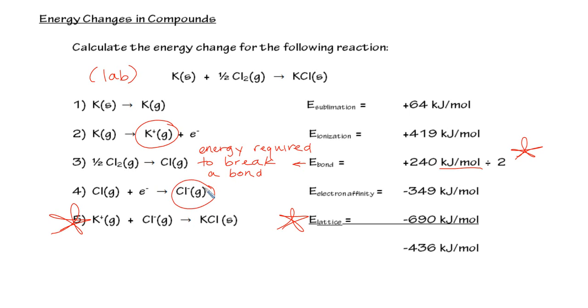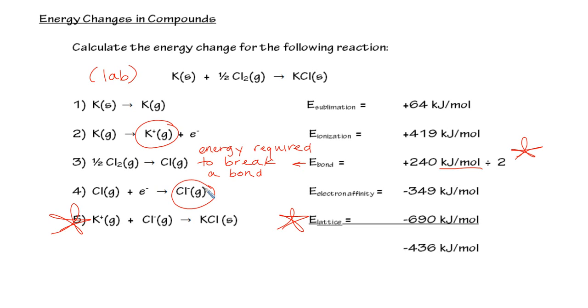In order to form this potassium chloride solid, we have to prepare the potassium ion and the chlorine ion, which we've got now. So at this point, lattice energy is like the moment where the electron transfers from the potassium ion to the chlorine ion. And in that case, when we magically form this stable potassium chloride solid, energy is released.